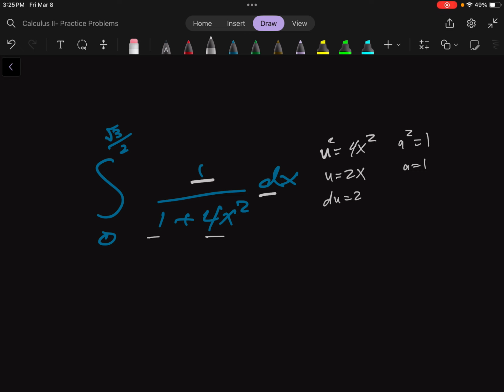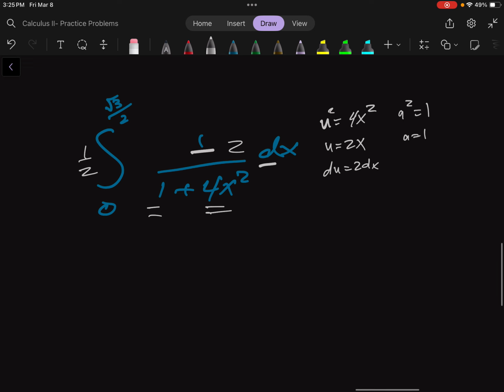So these 5 things will appear in every inverse trig integral. So du is 2 dx, so we want a 2 there and a 1/2 out front. And then this is u squared, this is a squared, so it becomes 1/2 integral of du over a squared plus u squared.